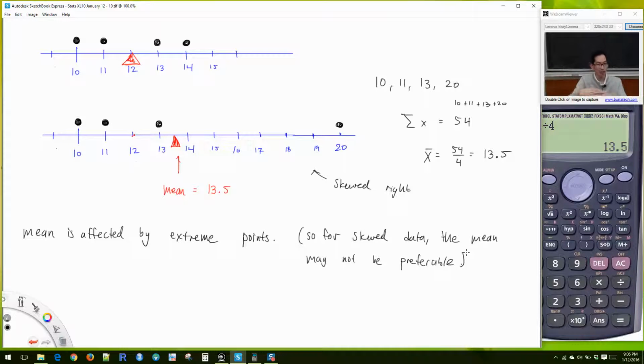It's because they're worried about those extreme values, to balance things out. So maybe you want the extreme values, maybe you don't. It all depends on context, the situation you're dealing with. So that's the mean, and we use X bar to symbolize the mean.